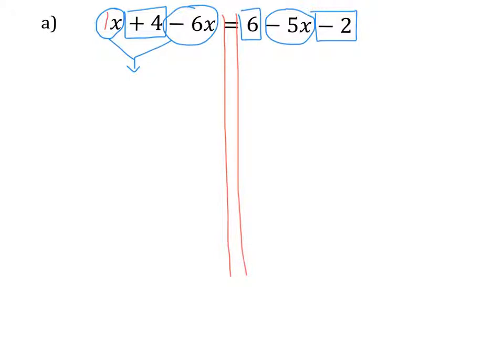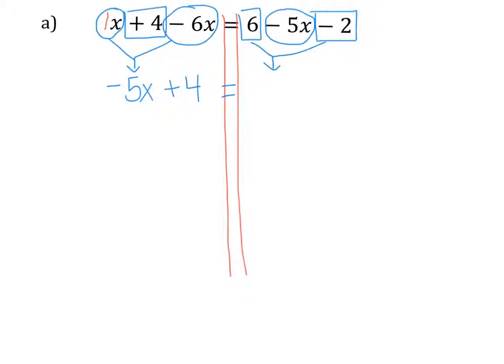Positive 1 plus negative 6 is negative 5x. The negatives won that battle because they had 5 more players. I also have a plus 4 that I'm just going to bring down because there is nothing I can combine it with. On the right side, I have two plain numbers that I can add or combine.